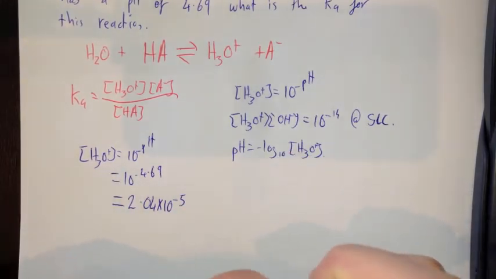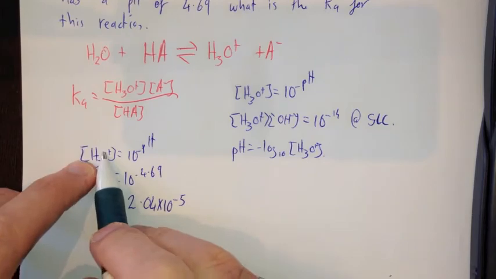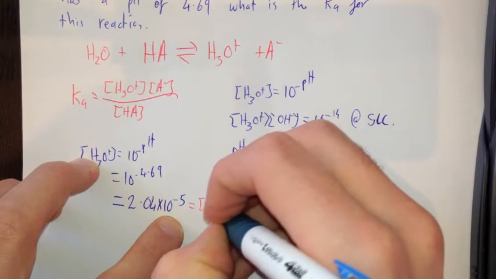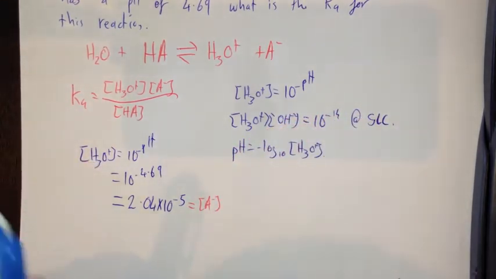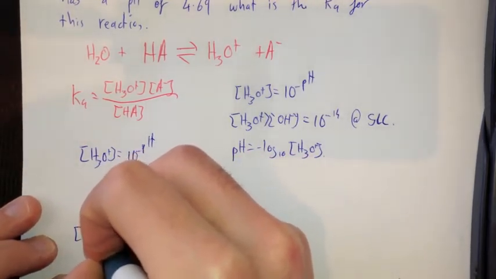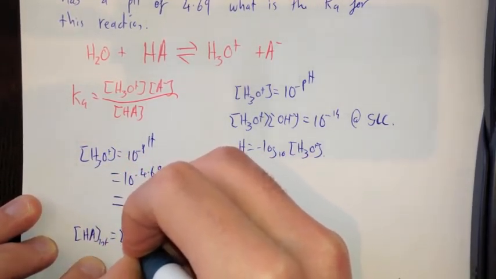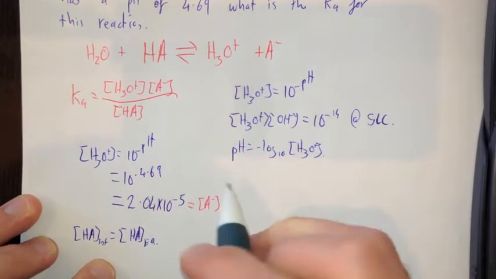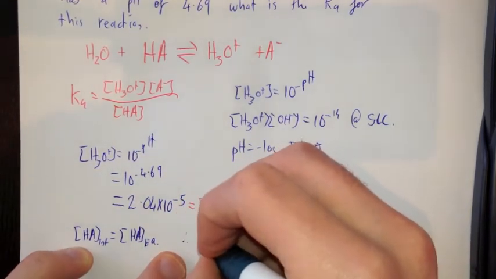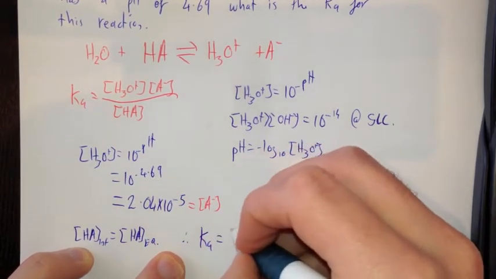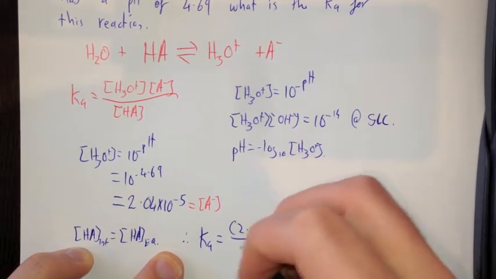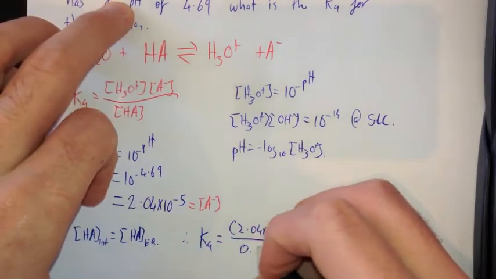We assume, as we know, that all of this came from our acid, so these two are equal, so that's going to be equal to the concentration of A negative. And we also assume that the concentration of HA initially equals the concentration of HA at equilibrium, because it's a weak acid. And therefore, my Ka becomes 2.04 times 10 to the negative 5 squared divided by whatever my concentration was, 0.031.